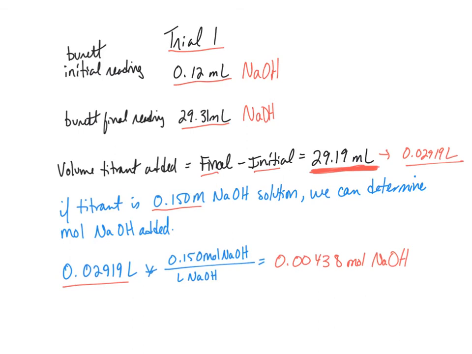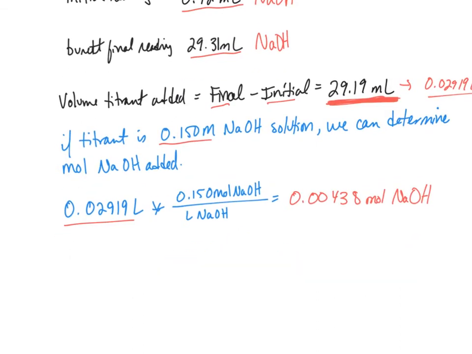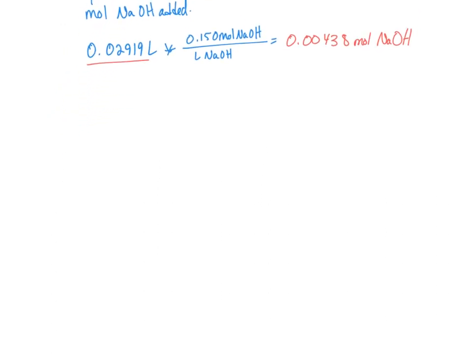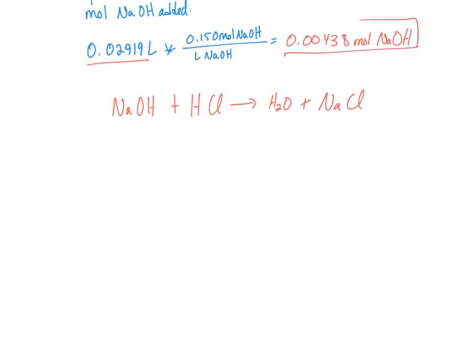So remember, from our balanced equation, we know that NaOH and HCl are 1-to-1 because NaOH plus HCl gives you H2O plus NaCl. So everything here is a 1-to-1 relationship, right? Which means that this number of moles of NaOH is the same as the number of moles of HCl.